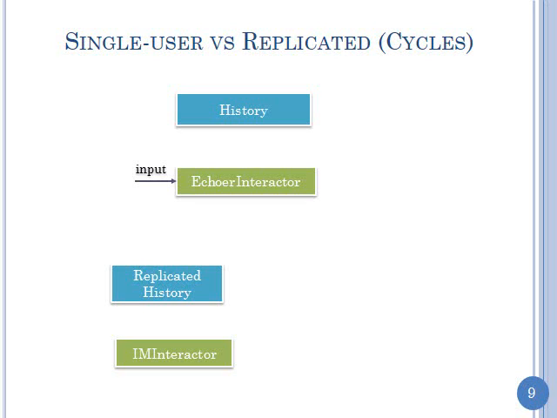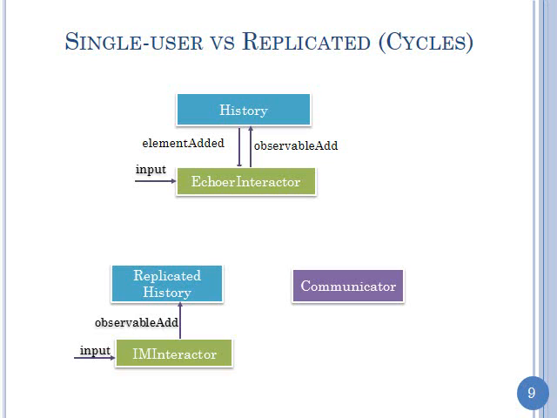When we were in the single user case, input arrived, we called the observable add method in our model, which went and called the element added method in the interactor. That was what happened. What could we do here? The input arrives again, we call observable add, and we override observable add to also send messages through the communicator to others.